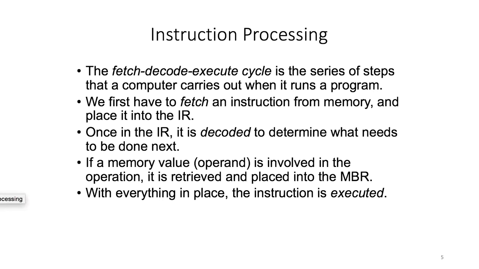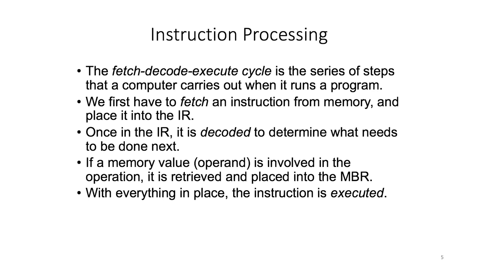So here is the instruction processing cycle, basically the cycle including fetch, decode, execute. That's the series of steps that a computer carries out when it runs a program. We first have to fetch an instruction from the memory and place it into the instruction register.